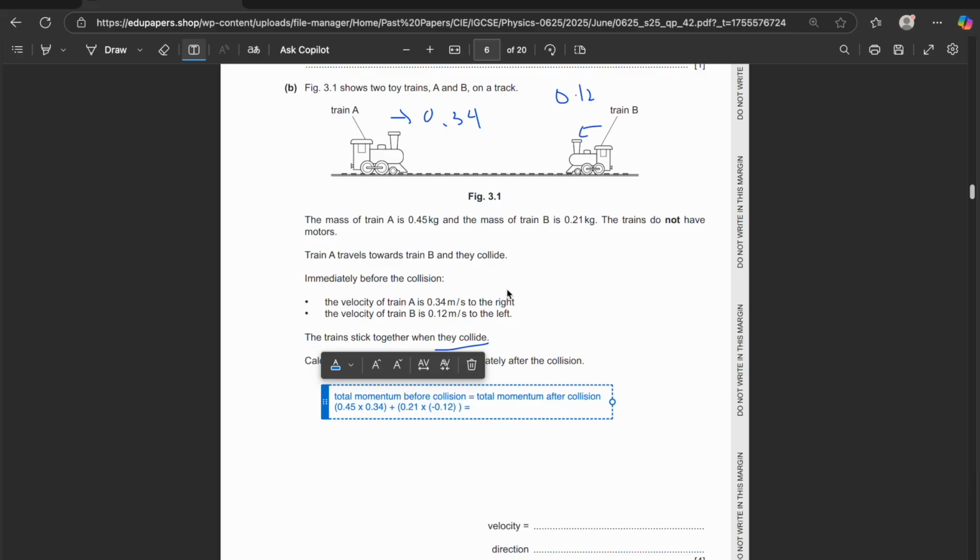Then after collision, they have the same velocity, into 0.45 plus 0.21. Okay, so for velocity, 0.45 into 0.34 minus 0.21 into 0.12, which is 0.1272, divided by 0.66, gives 0.1936 and so on.